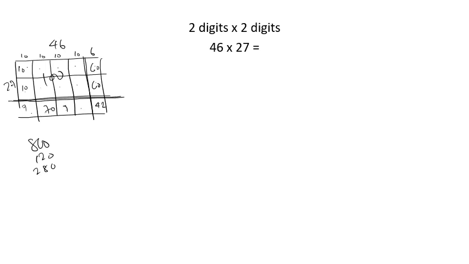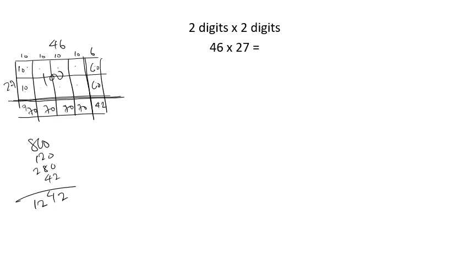So these are all 70s in here. So that makes 42. And so now we add all this together. That's a 4. And so that's 1242. All right. So that gives us an answer there using this more explicit and detailed rectangle.